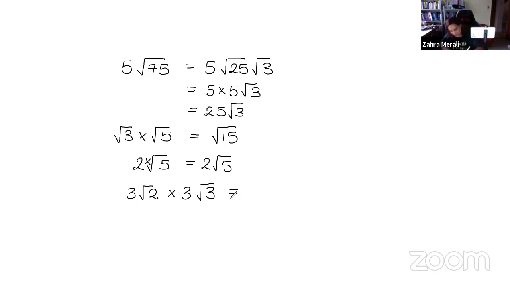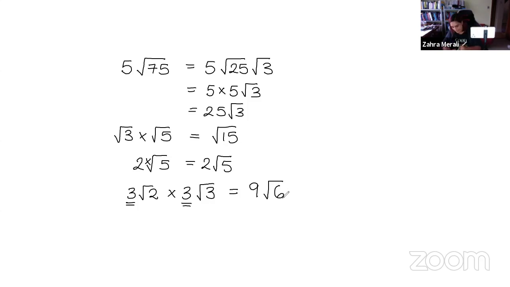So I've got a 3 and a 3 here. I multiply that separately. So 3 times 3 gives me 9. And then I do 2 times 3, which is 6, and that goes underneath the square root sign. So that's multiplying surds and simplifying surds.